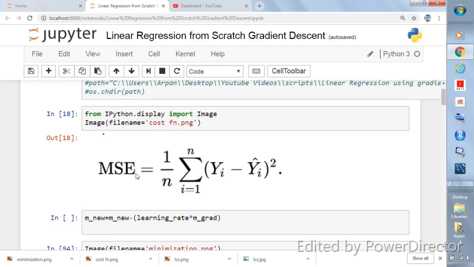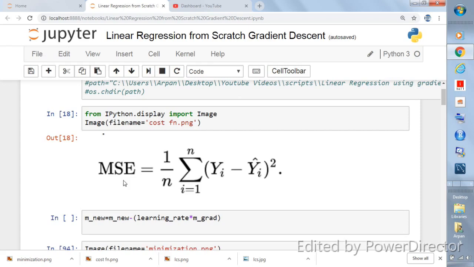So we can say that cost function MSE here is a function of slope and is also a function of the intercept. Here we are assuming that intercept is constant. So now the cost function becomes a function of a single parameter, that is the slope.